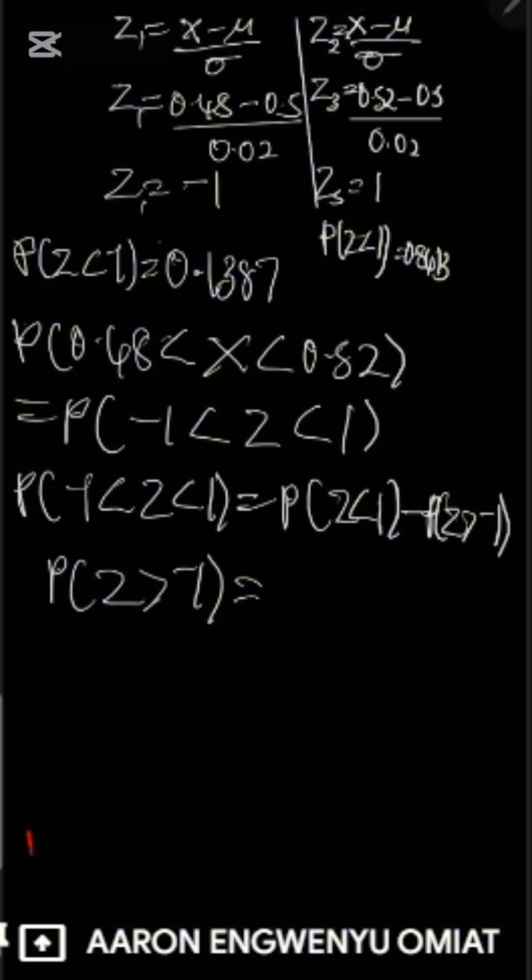The one we have is the probability of z less than -1, but what we need is the probability of z greater than -1.